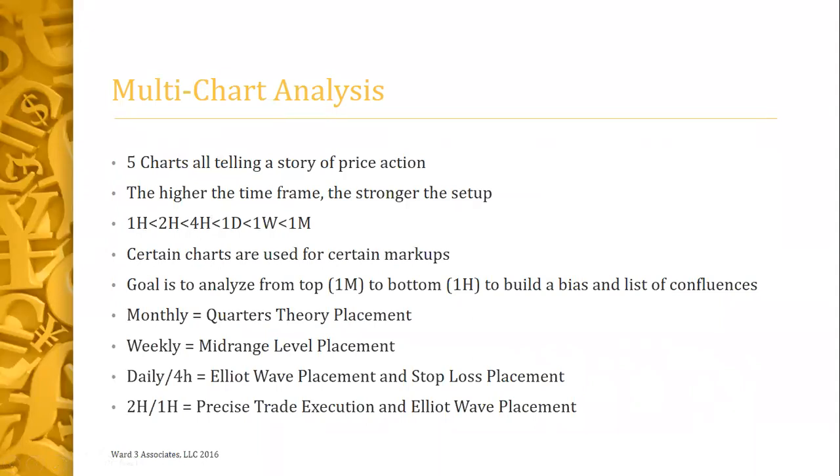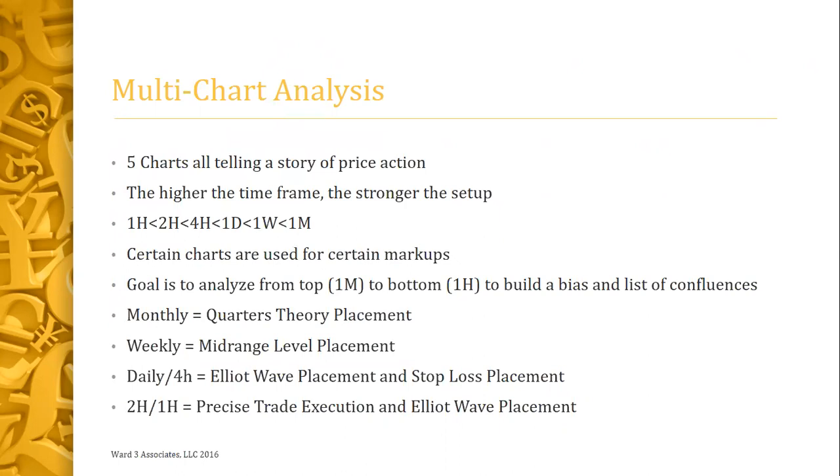Certain charts are used for certain markups, though. So we only look at certain charts for certain things. The goal is to analyze from the strongest chart, in this case the 1 month, and then to the 1 hour. So basically a top to bottom approach to build a bias and list of confluence. Monthly chart I use for the quarter series placement.